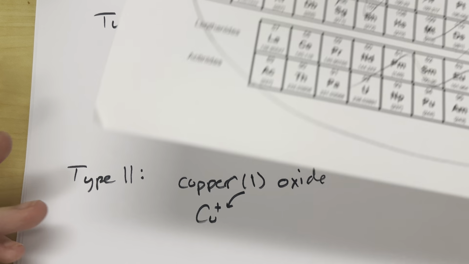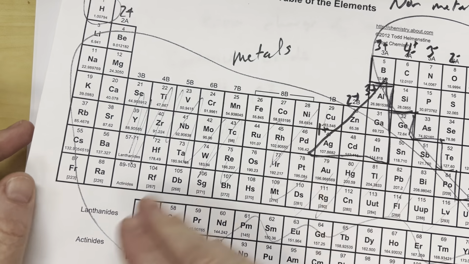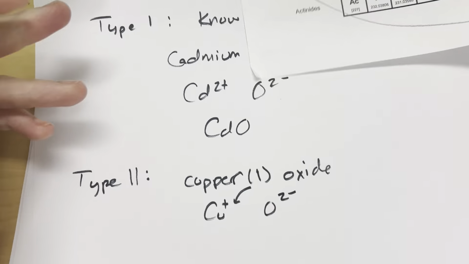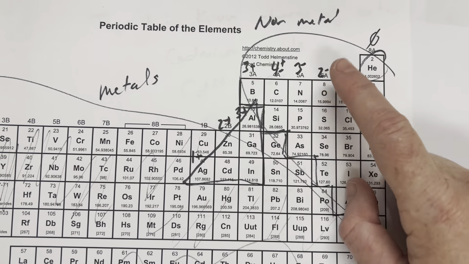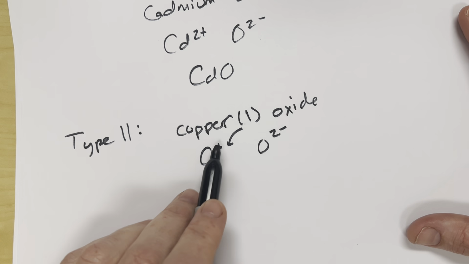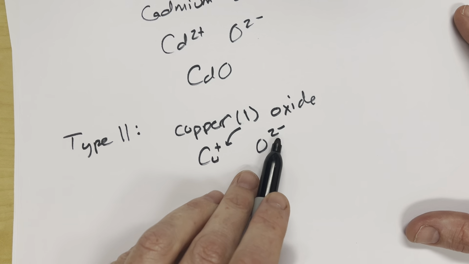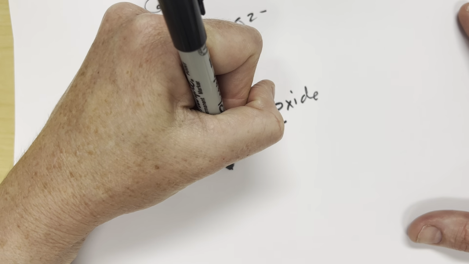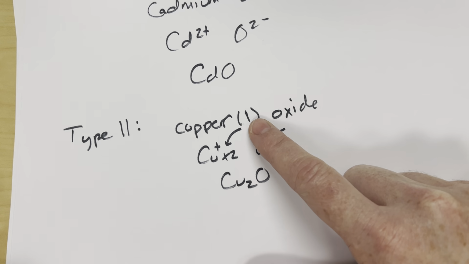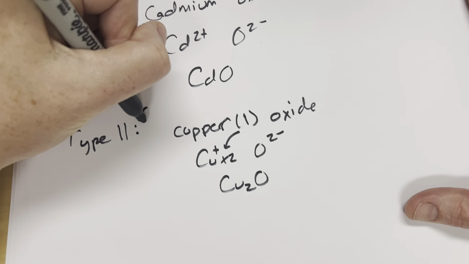We wouldn't have otherwise known that because copper, again, is in this region where we don't know the charge. Oxide, again, is a 2 negative, because it's in this column. Okay, so when we go to cancel them out, you'll see this has a positive and this has 2 negatives, so we actually need 2 coppers to cancel them out, and Cu2O would be copper 1 oxide. So type 2, this is when we use the Roman numerals.